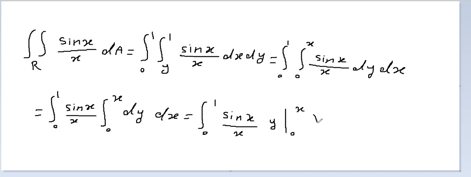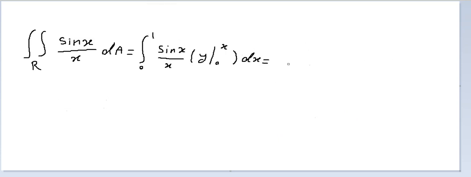Okay, let me put bracket here. So here we have dx. The integral of dy is y from 0 to x. Since the space is not enough, let's continue the calculation up here.